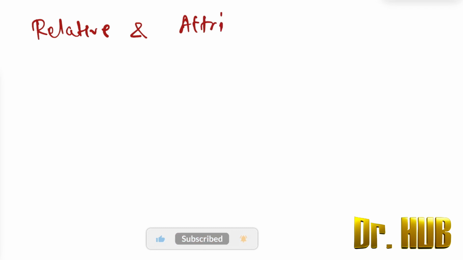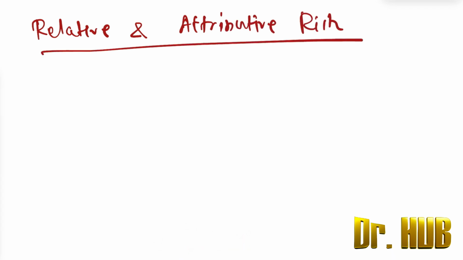Today we look at the relative as well as the attributive risk. So let's first look at the relative risk. Relative risk, in short, we write as RR.